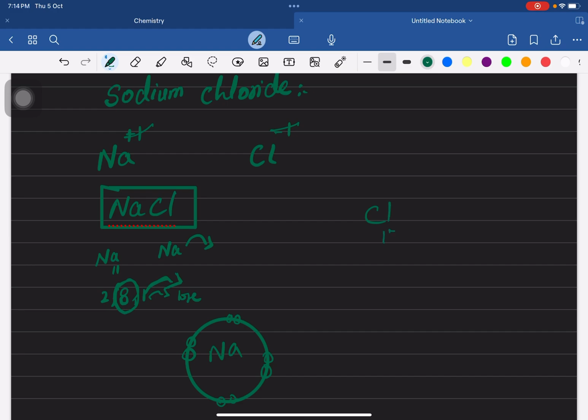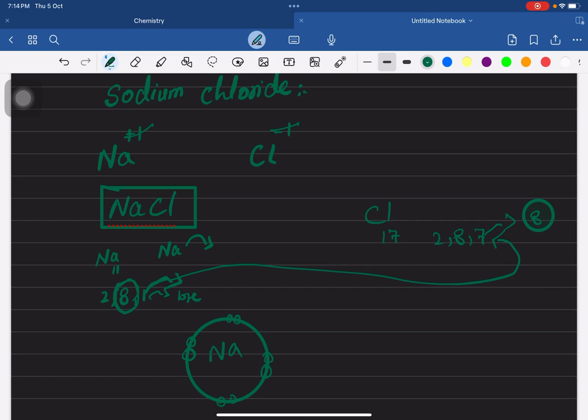Now what is the electronic configuration of Cl? It is basically 17, so 2, 8 and 7. This 1 electron will be gained by chlorine, then this 7 will become 8, and it will follow the octet rule.